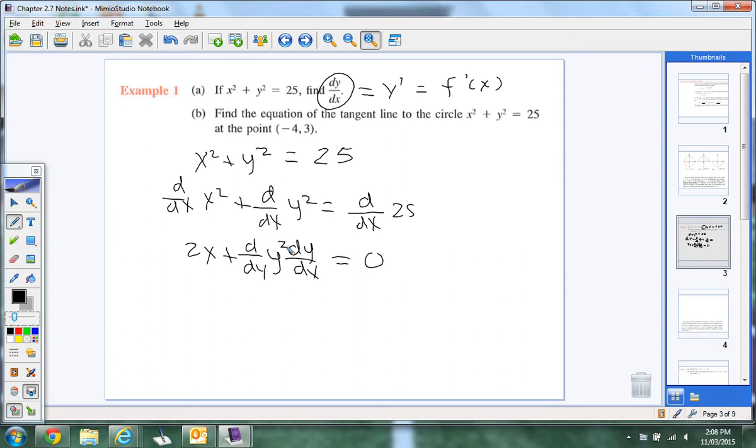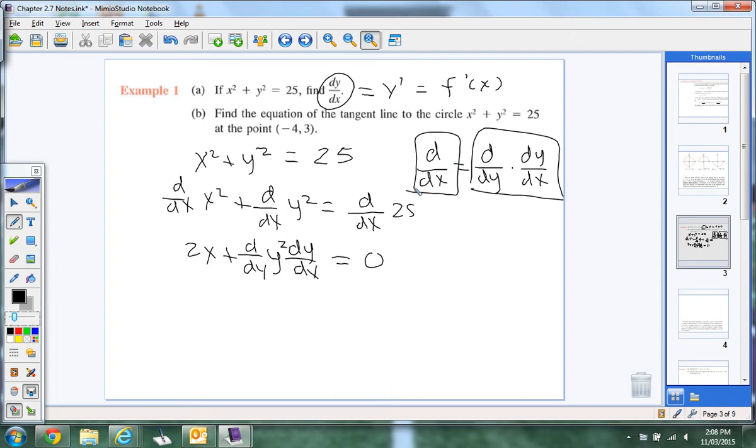Okay, so maybe this will help. What we're doing is we're subbing this in for this, so we can take the derivative with respect to y. That's all we're doing, really. We're substituting that in so we can take the derivative with respect to y to that term, because since we're going with derivative with respect to x, everything else is fine.